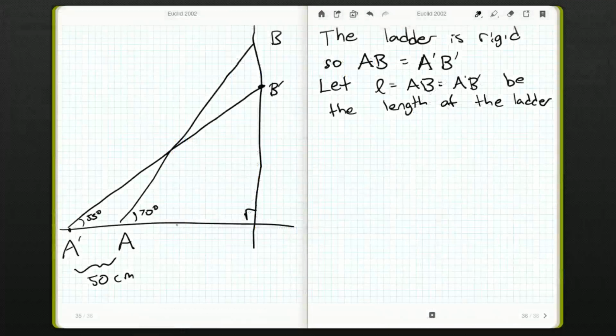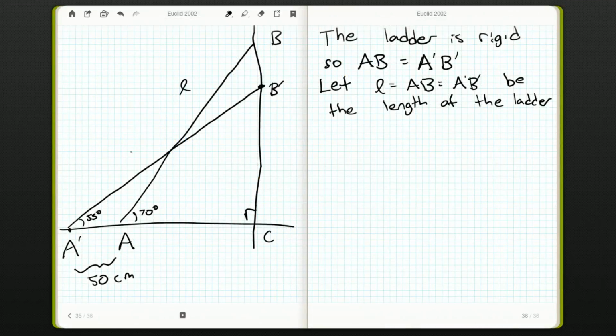I was about to say let's add in a point called C, but they already got one here. Okay. So, we have L here, we got L here, so we have two lengths L. Now we don't care what L actually is, but we'll probably have to figure it out on the way to the calculation of what we do want, which is B and B prime.